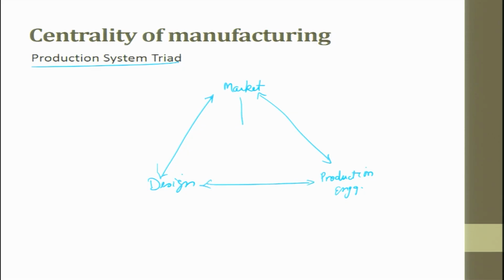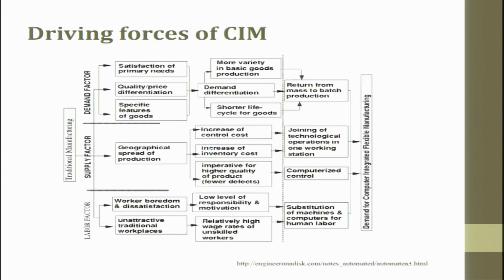All of them come and meet at a point, which is nothing but manufacturing. So, this is a trait which is used, and this is design. Market and production engineering, all these things are integrated to produce one thing called manufacturing.